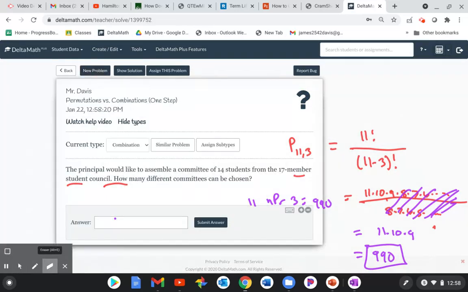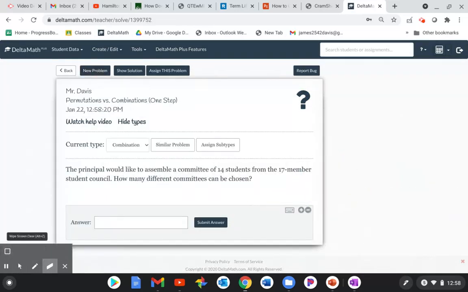All right, let's try another one here. This one says the principal would like to assemble a committee of 14 students. So committee is a key word because it doesn't say any specific roles for these committee members. From the 17-member student council, how many different committees can be chosen? So this is a combination. So it's C, 17 total, choosing 14.